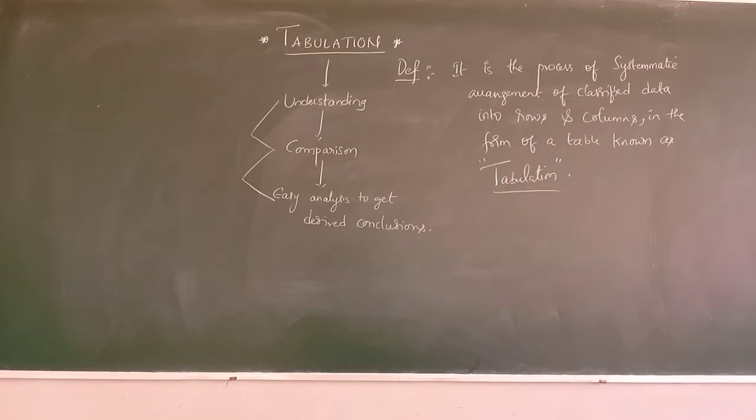At the same time, a statistical table makes it possible for the investigator. Remember, if any survey is going to be conducted, generally if you do a raw survey, going directly to the public, you may get biased or unbiased information. That information has to be classified first. After classifying, you form it in a tabular form which contains rows and columns.